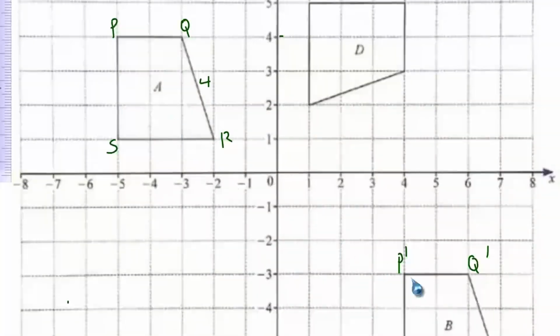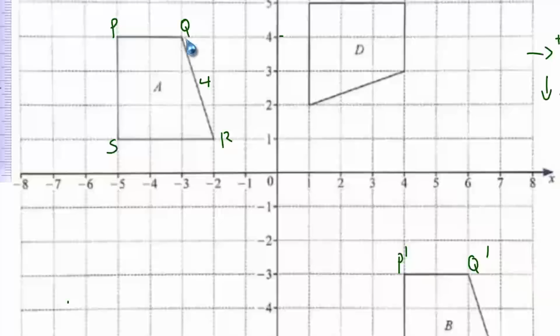A onto B. If you compare them, you see that they look alike. This was shifted by going to the right and falling down. If you go to the right, that is positive, and if you go down, that is negative. So that is translation. Let's count from Q to Q prime.